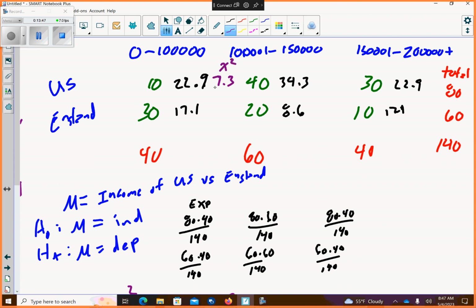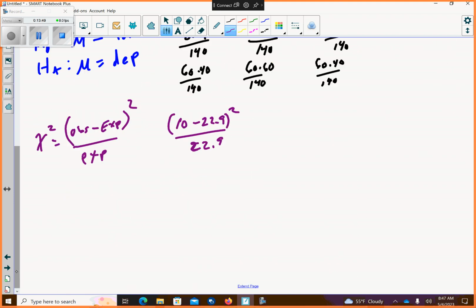And if I go through each of those iterations, which you'll be asked to do, so the second one would be I observed 40 minus 34.3, quantity squared divided by 34.3.